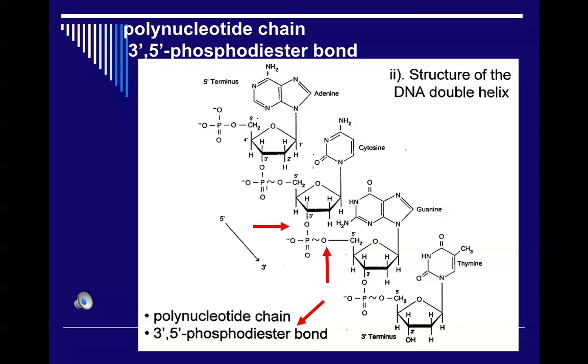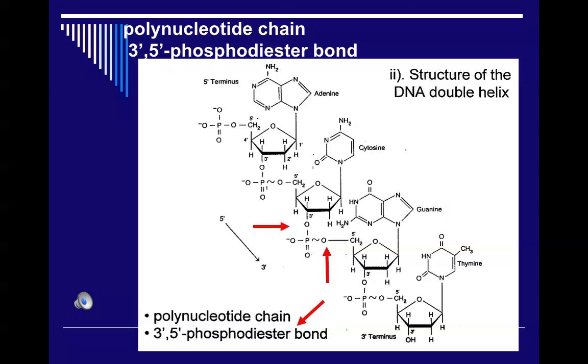So that phosphate group helps to link one sugar after another, until we have a whole chain of nucleotides held together by phosphodiester bonds. The other thing you'll notice on this slide, at the top of the picture, there's a 5 with an apostrophe. Well, the scientist's word for the apostrophe is prime. So we say we have a 5' terminus at the top and a 3' terminus at the bottom.